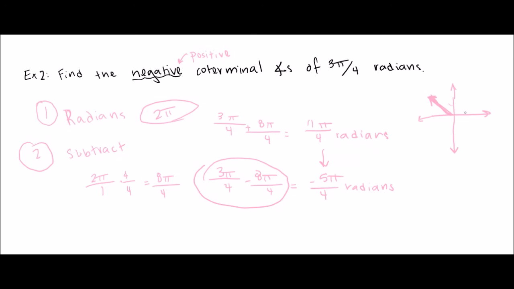So 3 pi over 4, if you were going the positive way, would be like that. 11 pi over 4 radians would be going once around, that's 2 pi radians, and then an additional 3 pi over 4 radians. And then also we have negative 5 pi over 4 radians, so it would be starting here and going in this direction. So that concludes this example.